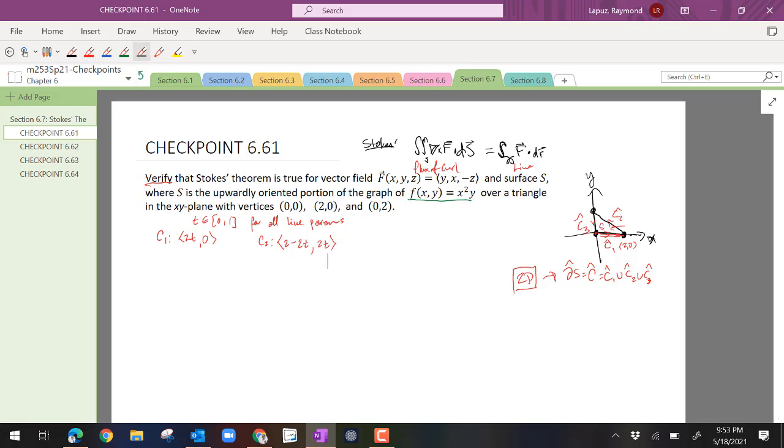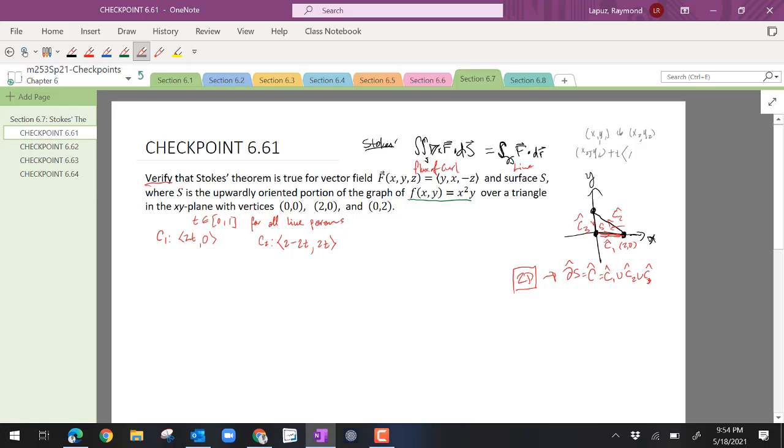There is a formula to find an equation for a line segment, if you remember. If you want to go from x1, y1 to x2, y2, a line segment connecting these two points, you would go with the starting point x2 comma y2 plus t times the direction vector, and the direction is going to be the difference between them, head minus tail.